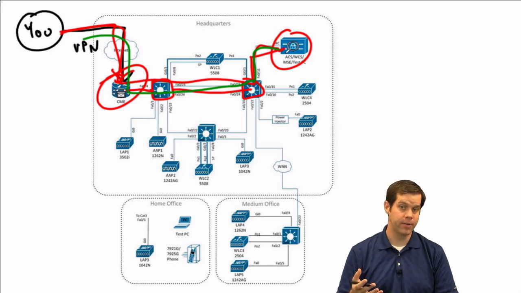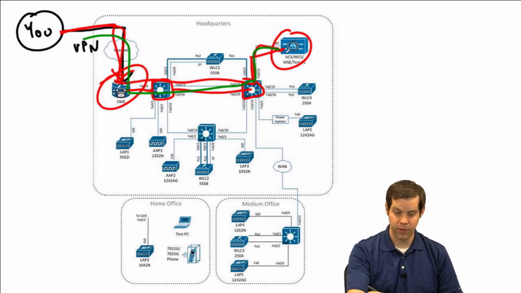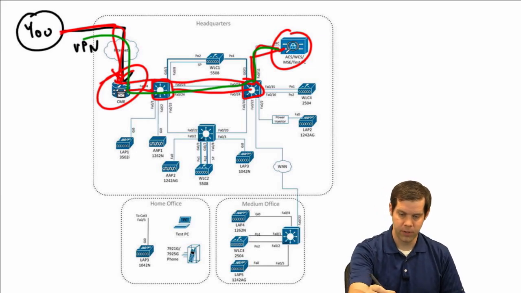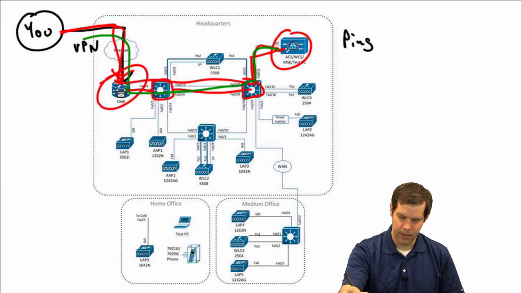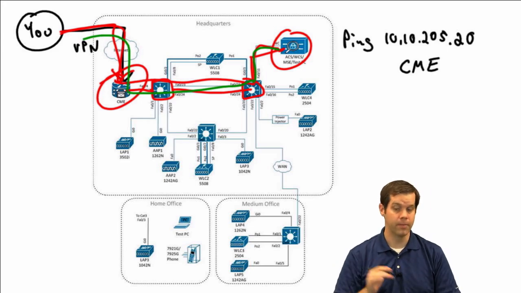So if you ever have problems hitting a GUI, usually what I recommend for just a really quick test is to ping 10.10.205.20, this is the CME router. It's a loopback on the CME router, so it's always available. If that works, VPN's up.